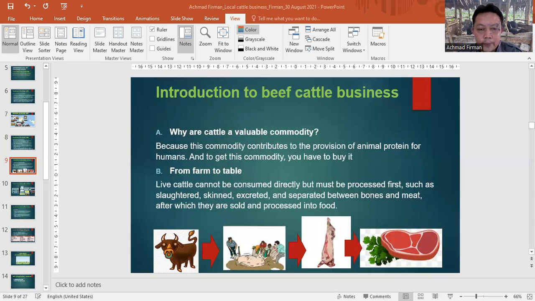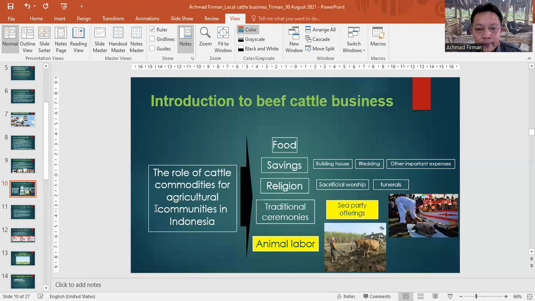After that, the products of cattle are marketed and distributed to local markets or modern markets, then raised to the table of cooking. Okay, next slide.